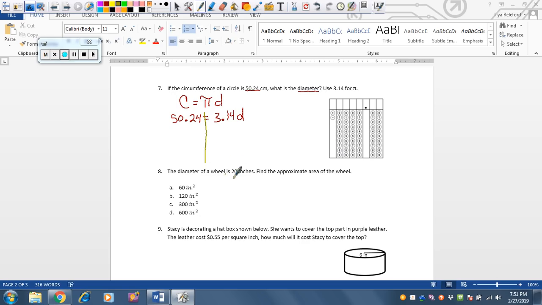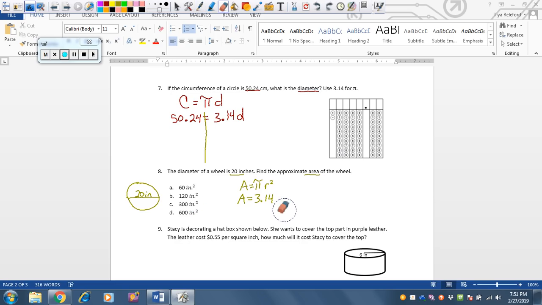Number 8 says the diameter of a wheel is 20 inches. Find the approximate area of the wheel. See how all these numbers are whole numbers?